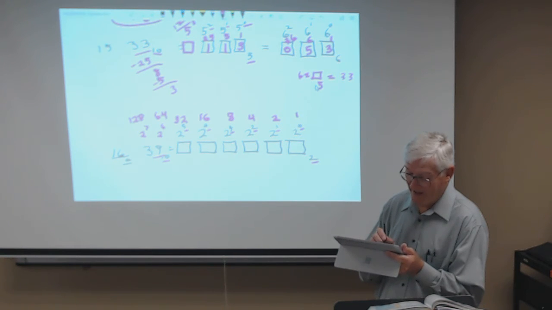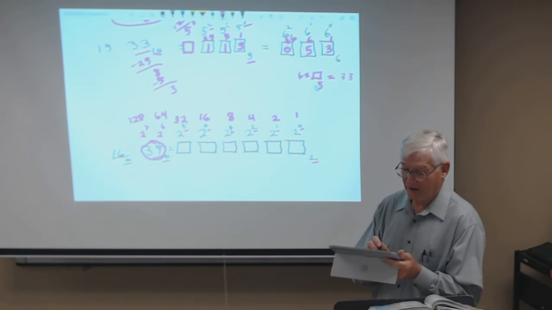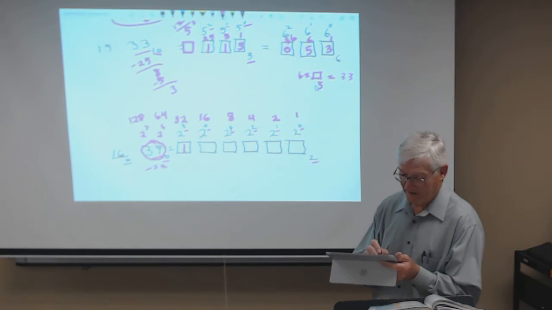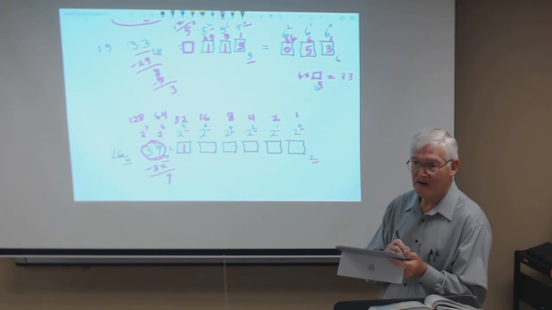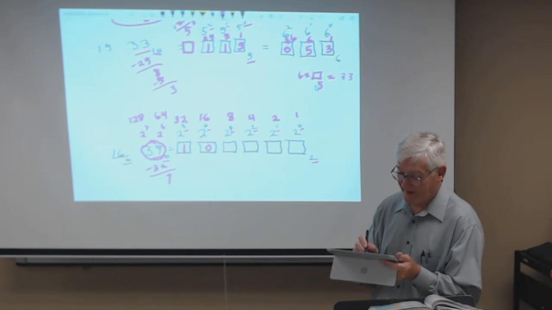Okay, now 39. Here's my number, 39. Well, there's no 64s in 39, but there is a 32, right? So I subtract 32. And what's that leave me with? 7, doesn't it? Any 16s in 7? Nope. Any 8s in 7?